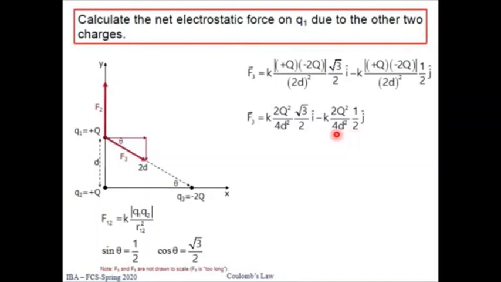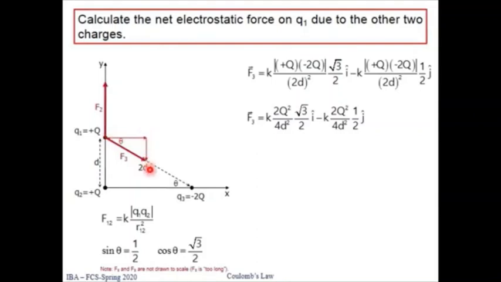So now we have determined F2, which has only one component, and F3, which has two components: one horizontal and the other vertical.